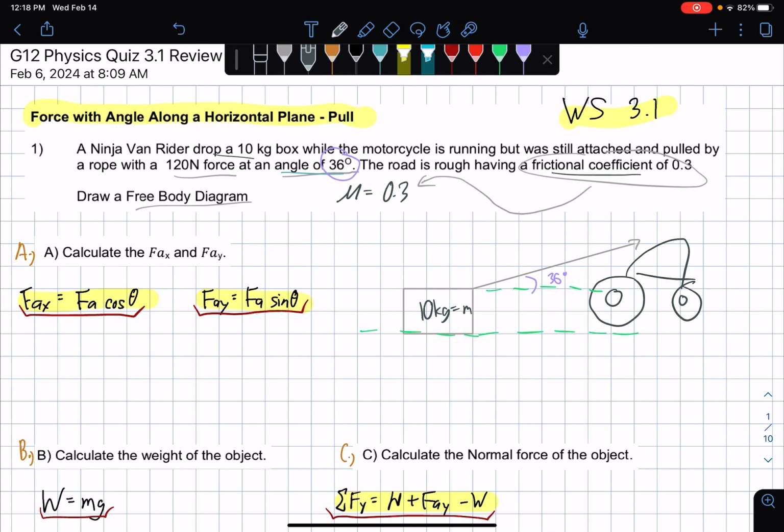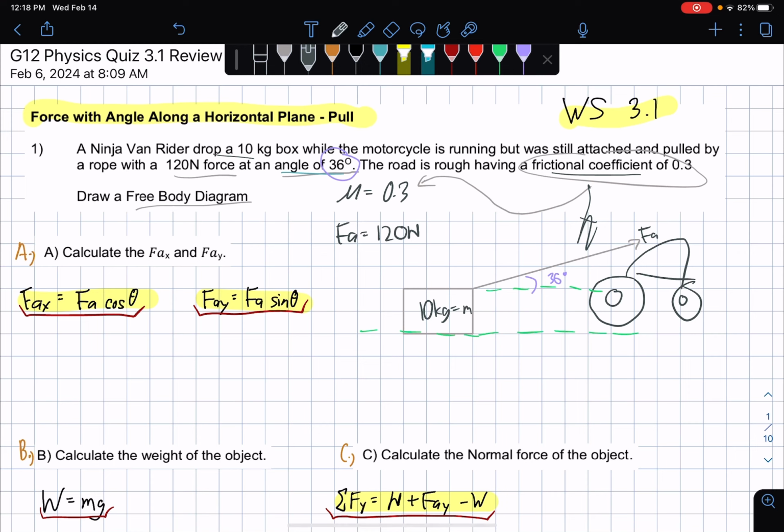By the way, the 120 newtons is supposed to be our FA. How do we draw that in our diagram? This is FA, the force where the arrow is directed towards. So FA is going this direction, and its magnitude, or its value, is 120.